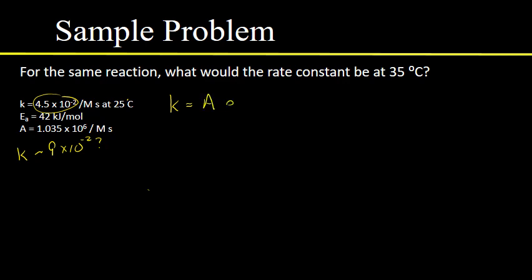Again, we'll use the Arrhenius equation. And here we're just solving for K on the left-hand side, so that's pretty easy. We don't have to do any algebra here. We'll just put in our values.